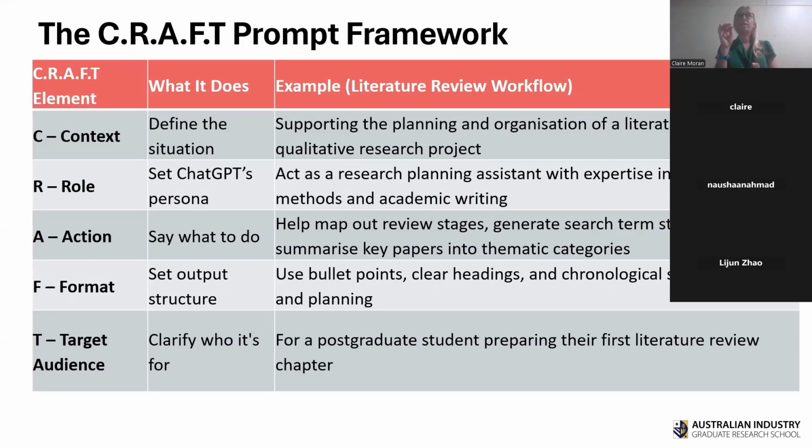So if you are creating a system prompt, go on the side of detail. So your prompt might be 100 words. If you are creating a prompt just for a thread, your prompt doesn't need to be so detailed. But for either a system prompt or a thread prompt, this CRAFT framework is really, really useful.